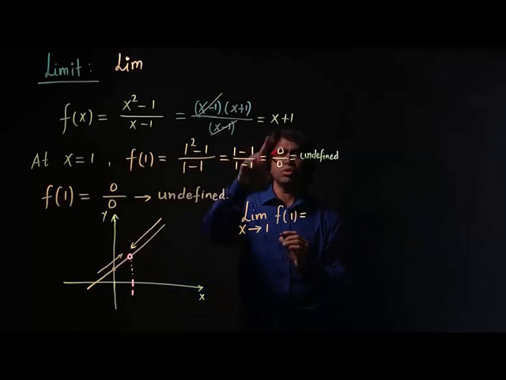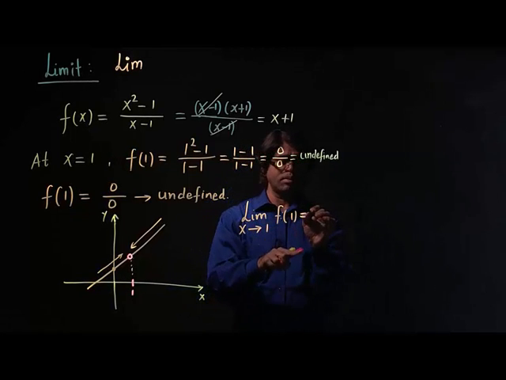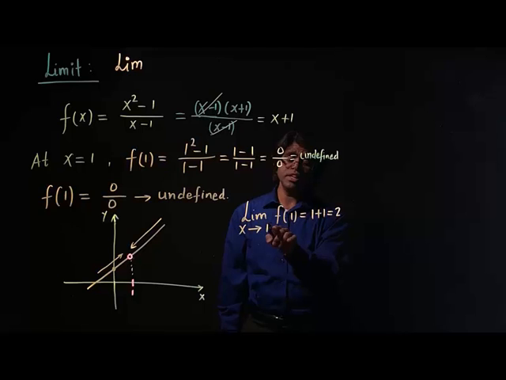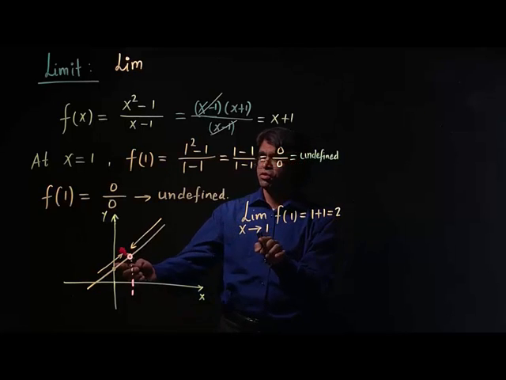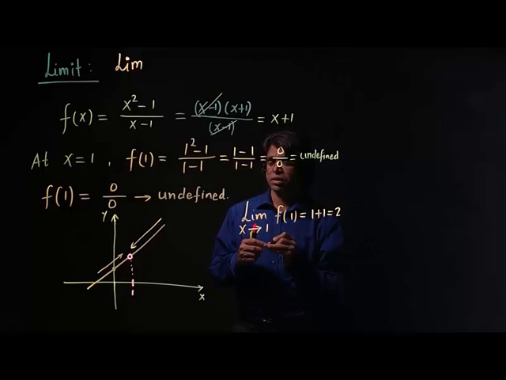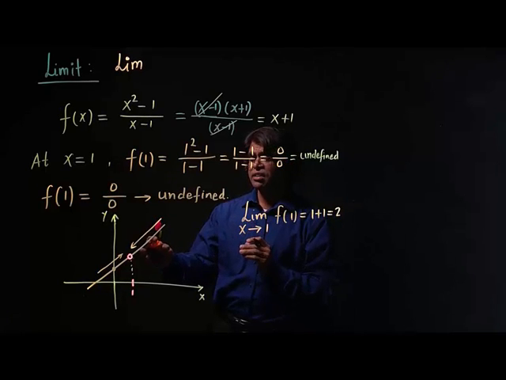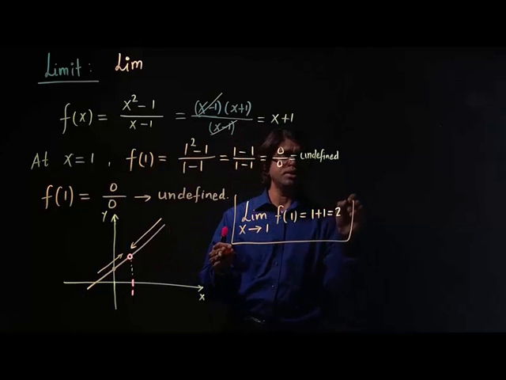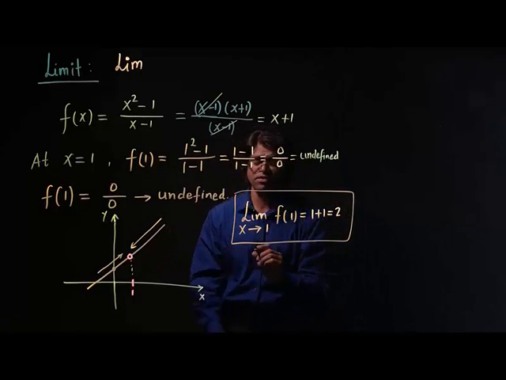That is equal to, I have x plus 1, so I will write 1 plus 1, that is equal to 2, right? But this is when we are approaching from either left or right, but not at x equals 1. So at these conditions, we introduce the idea of limit when the function is not defined.